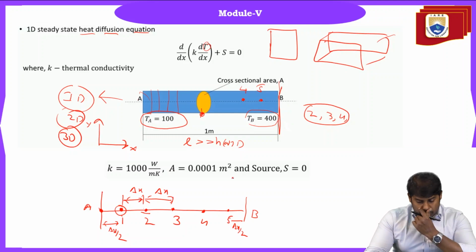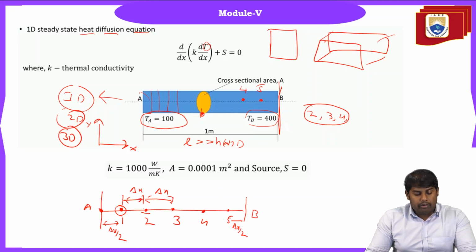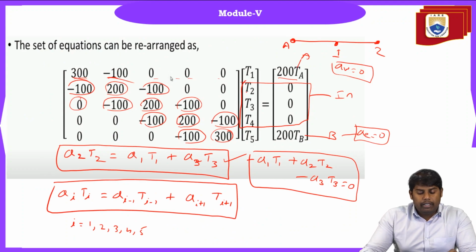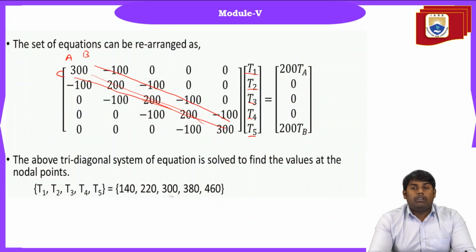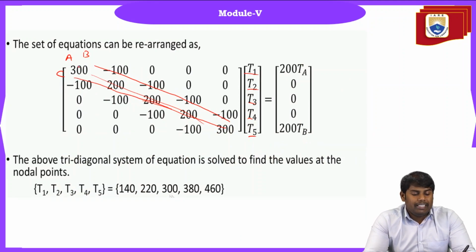Fine. So this is what we have from the matrix phenomena. Now to solve these forms, this is called a tridiagonal matrix. Why do we say tridiagonal?